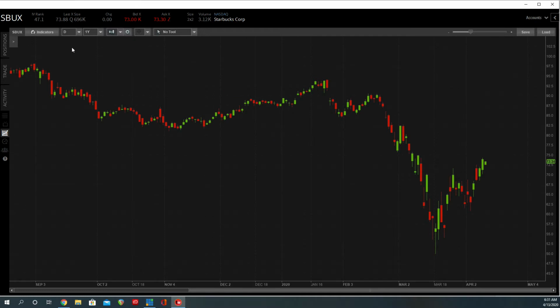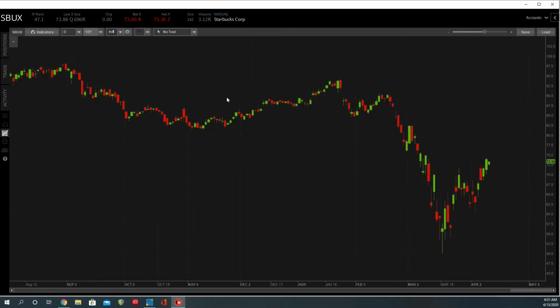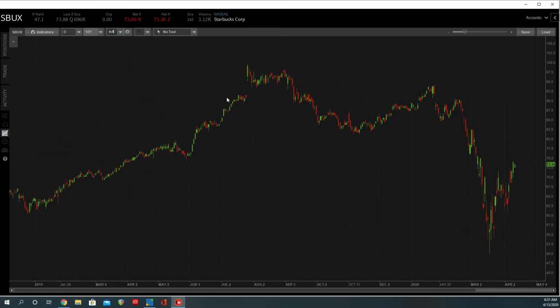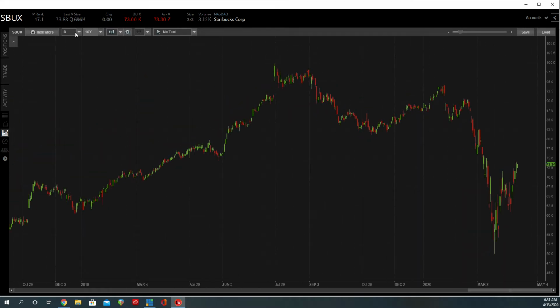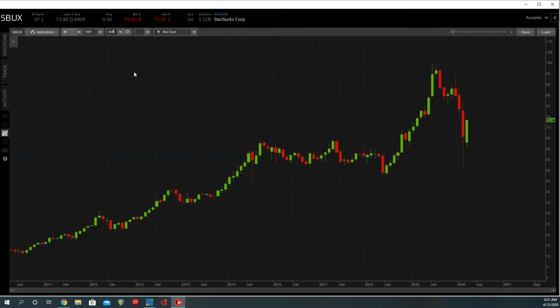All right, let's go back. Now, they haven't traded for that long. Let's go back 10 years. I don't remember when they actually started, but we're going to go to monthly, and we'll figure out how far back they trade. It's been a long, fairly steady up market.